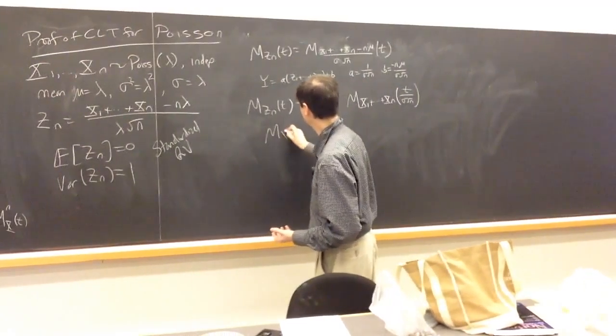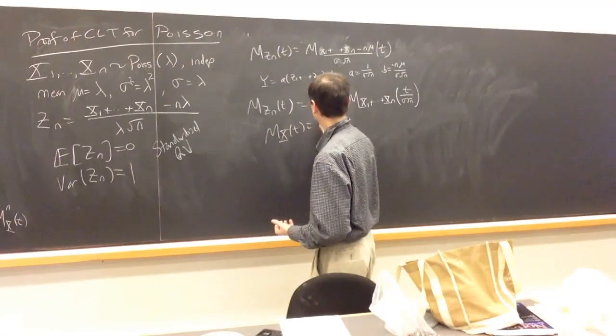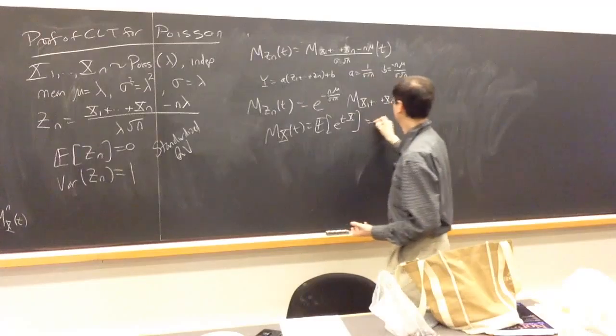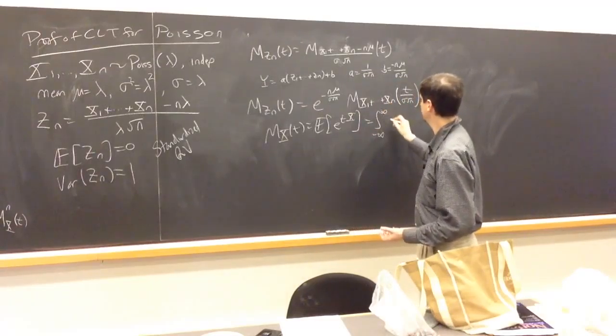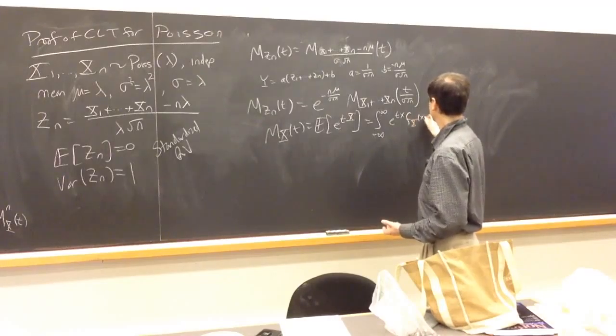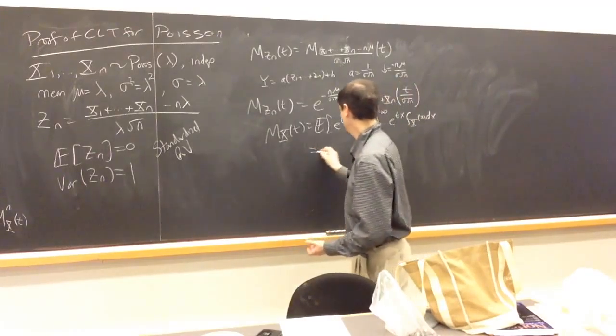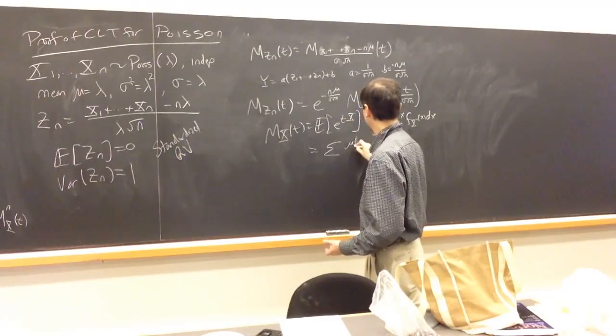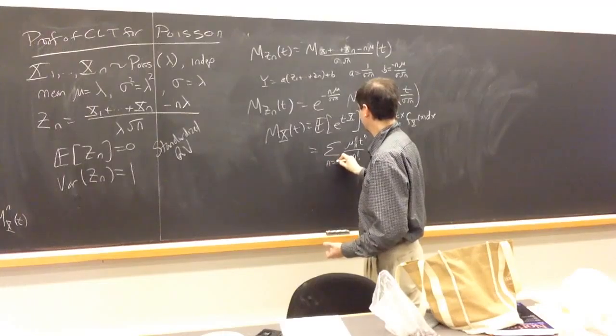The moment generating function of any random variable is the expected value of e to the tx. It's the integral from minus infinity to infinity of e to the tx f_X(x) dx. It's the sum of mu_n prime t to the n over n factorial, n goes from 0 to infinity.